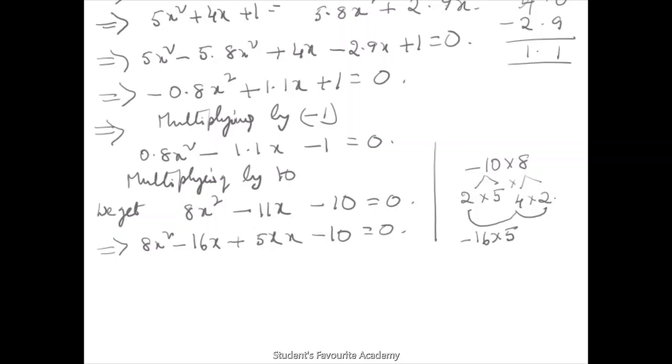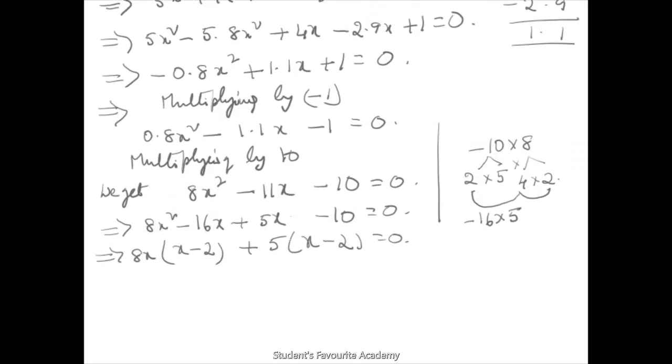Okay, so this implies 8x, if you take out common, x minus 2, plus this is 5x, sorry, so 5, if you take out common, x minus 2 is equal to 0.